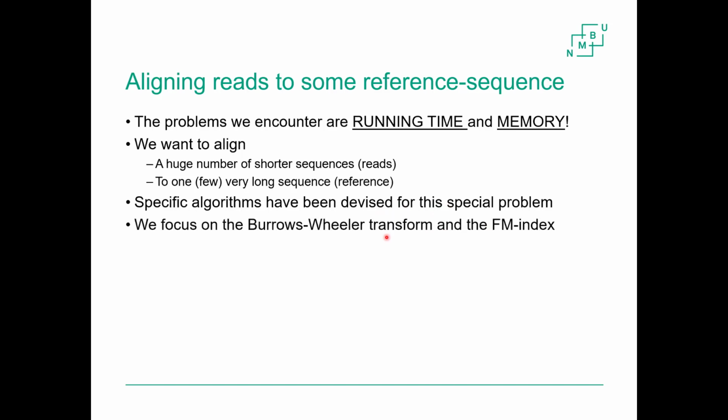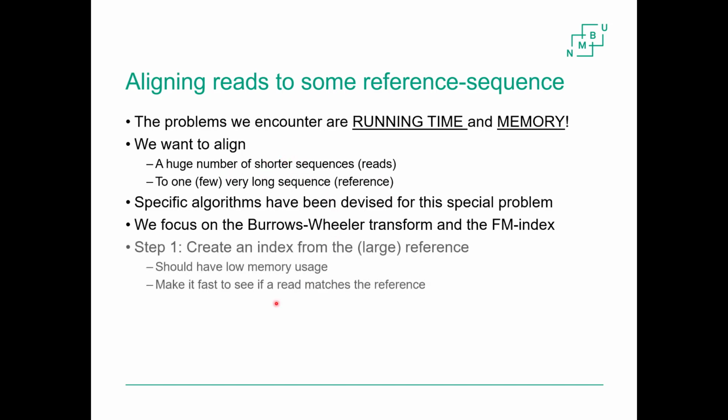So let's have a look at the Burrows-Wheeler transform idea now, which is one way of solving this, and a popular way, I would say. So that's the focus of this Burrows-Wheeler transform and the FM index. Why is this a smart approach to solving this particular problem? First of all, we can see it as a two-step procedure.